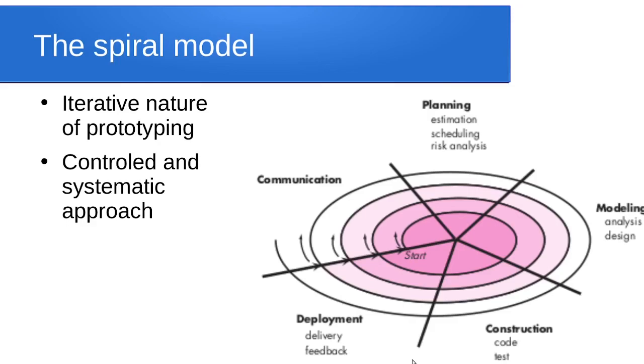Now, you may try to contrast it with the incremental model, right? In the incremental model, while one cycle has not been completed, work on the next increment has already started. However, in this spiral model, once one iteration is complete, after that the new iteration starts.